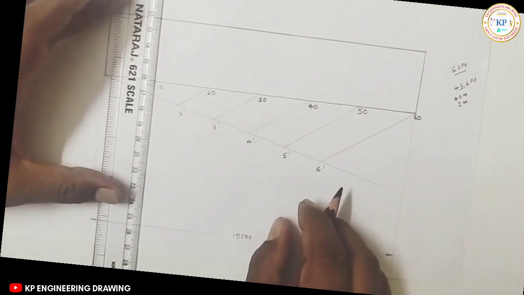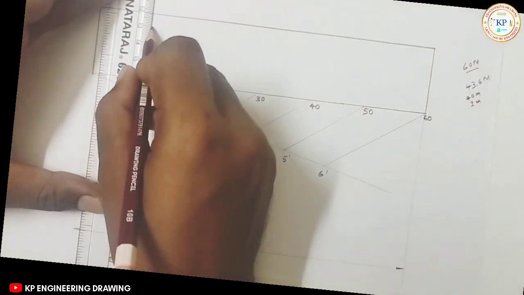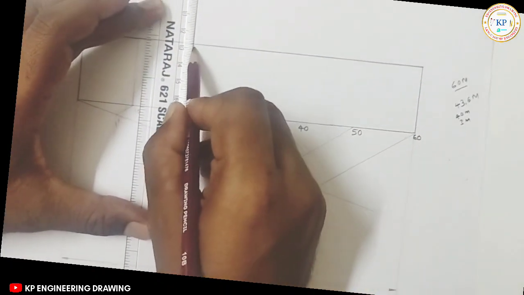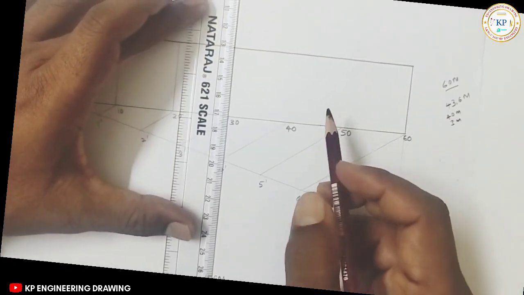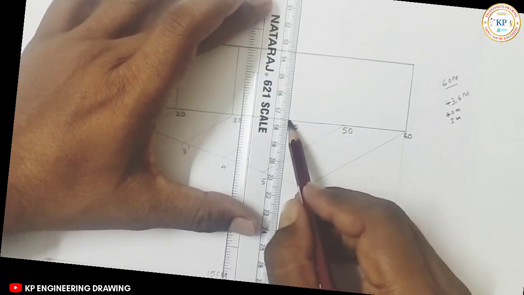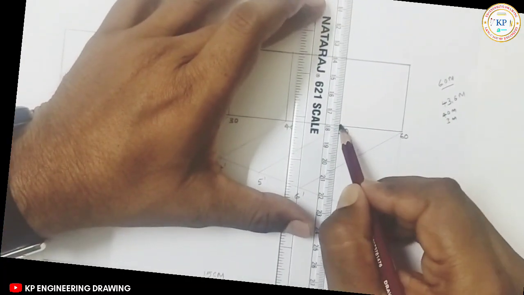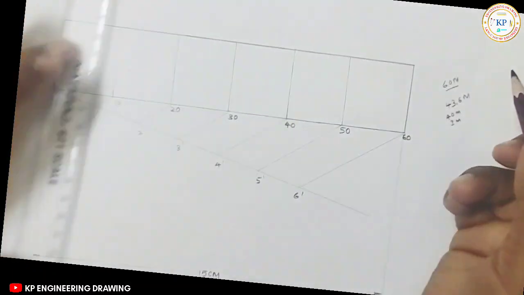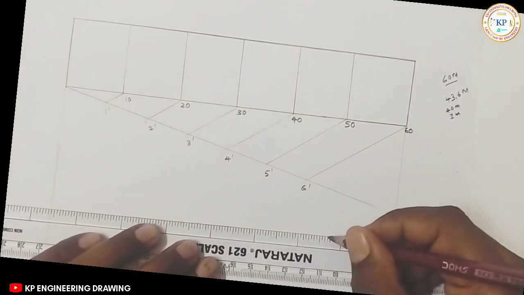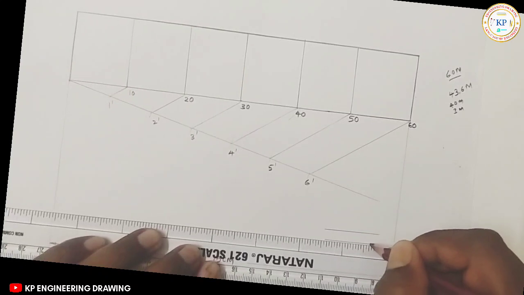Now you draw all vertical lines from these points: 10, 20, 30, 40, 50 and 60. So this is the meter scale. So you mention here meters.